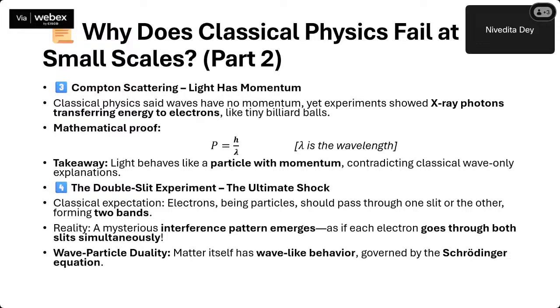We have all seen it if we focus a torch light in a dark room. There is a wave kind of thing, or band kind of thing, also forming. So from all the experiments, we have understood that light can behave as a wave as well as a particle.